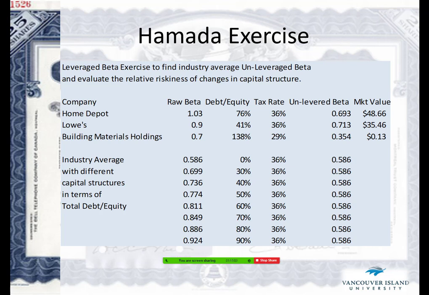Now, the next thing we want to figure out is how much debt we're going to use in our new company. If we decide we're going to have 0% debt, an all-equity company, then the target beta is going to be 0.586. If we decide we're going to have a 50% debt to equity, we start off with the unleveraged beta and we re-leverage it.